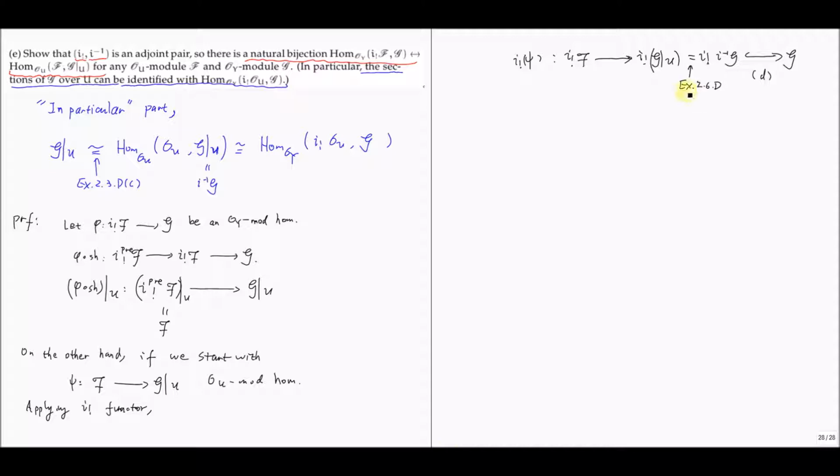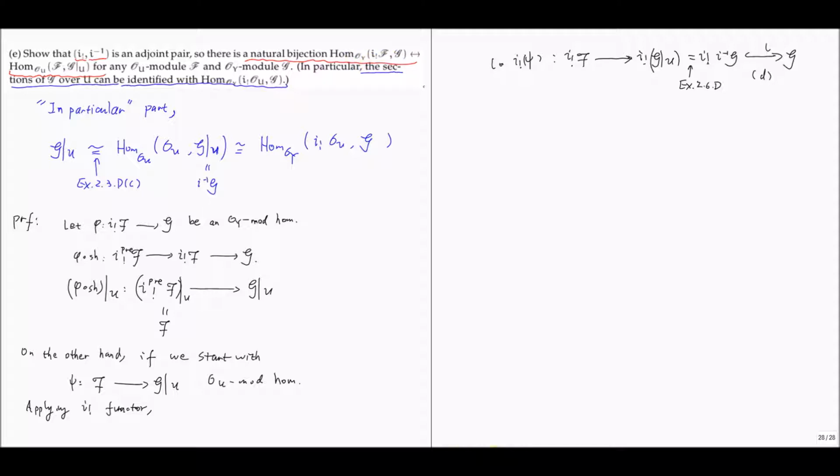This is by exercise 2.6.D. So if we precompose this with an embedding from here to here, we will get the morphism from I shriek F to G, an OY module homomorphism.